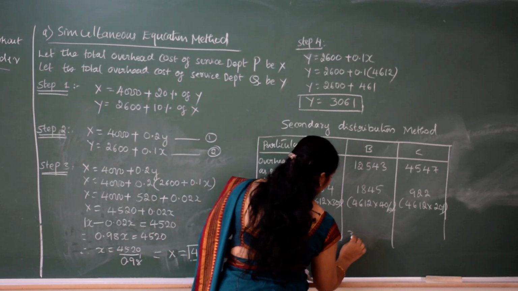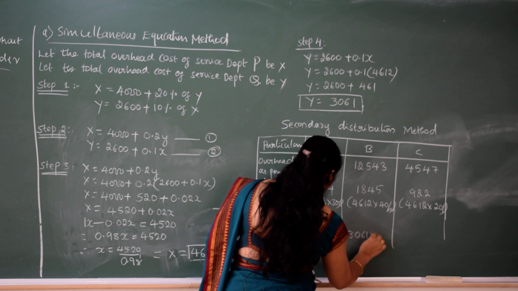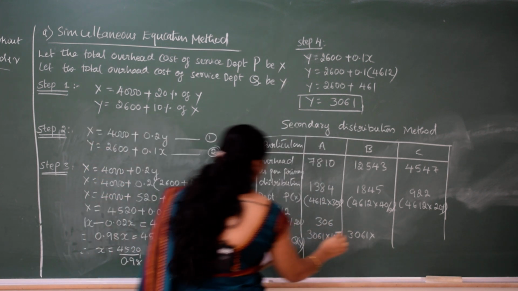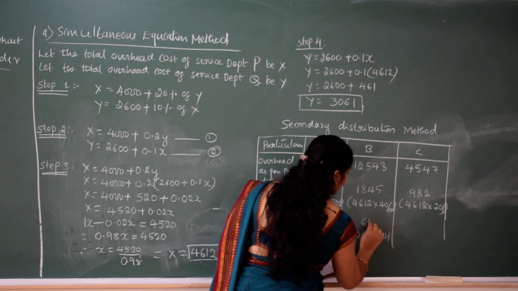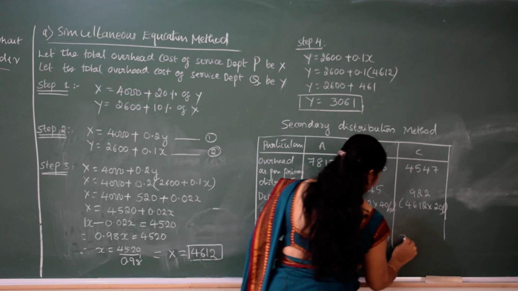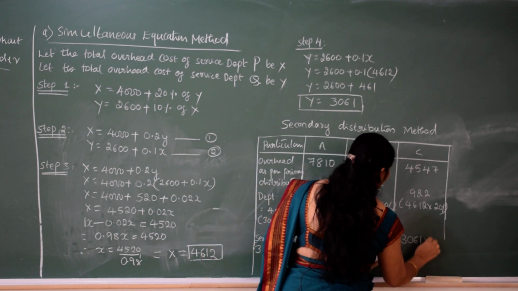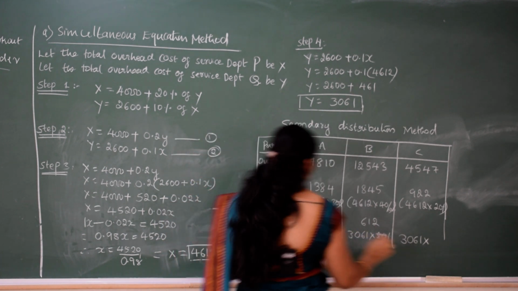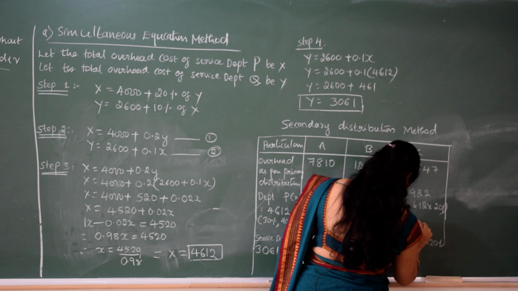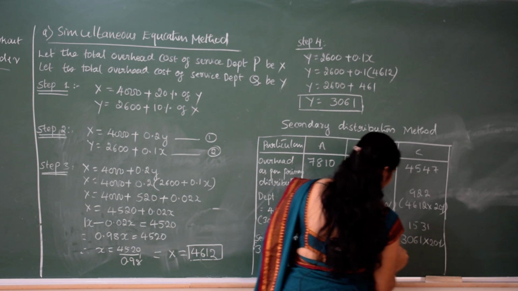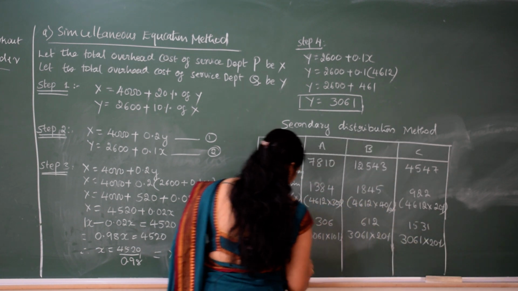Then 3,061 into 20% is 612. Then 3,061 into 50% is 1,531. Is it clear?